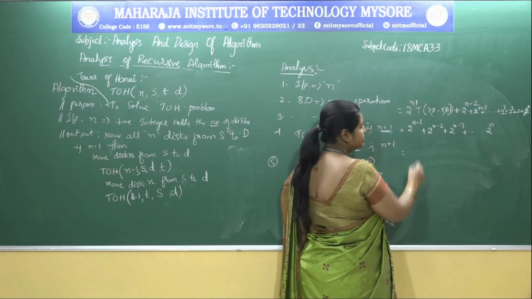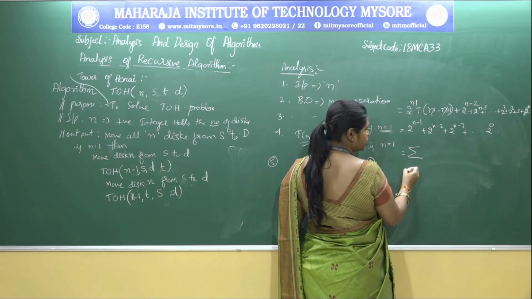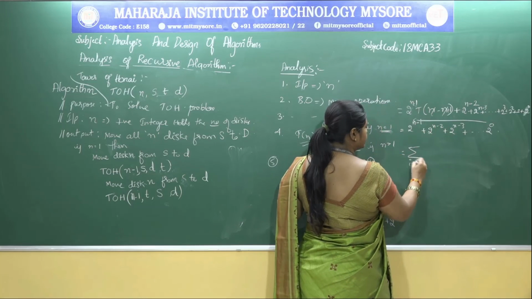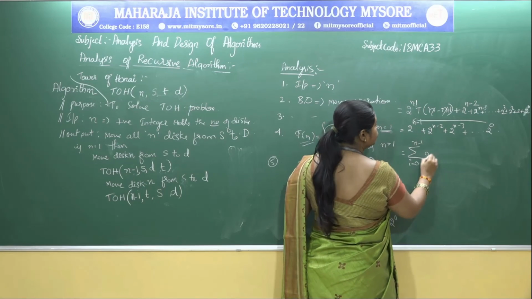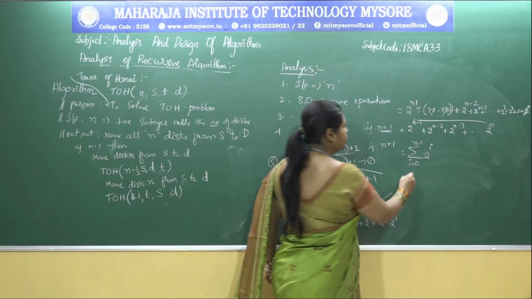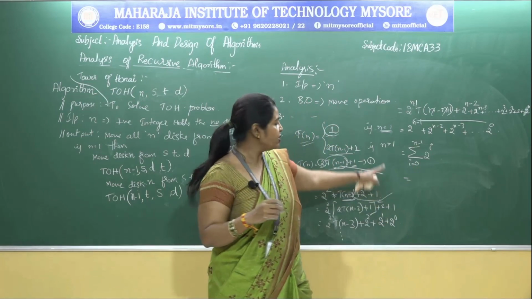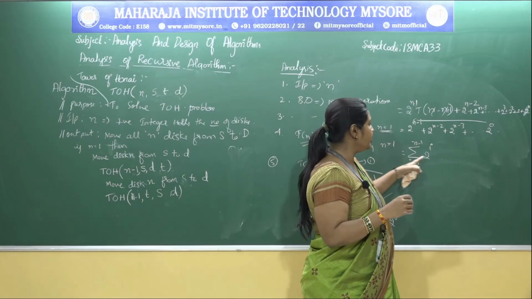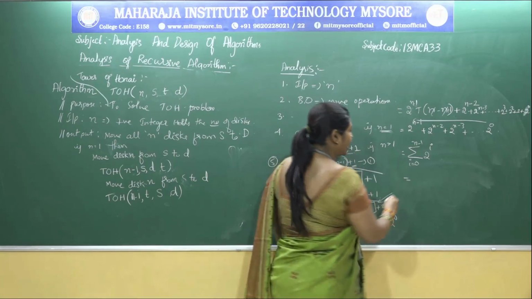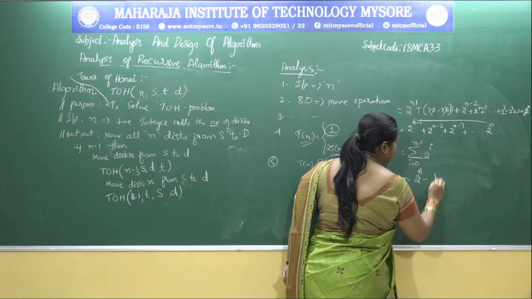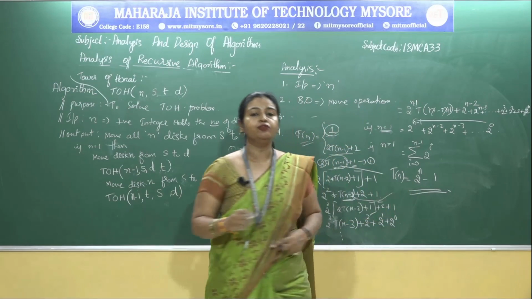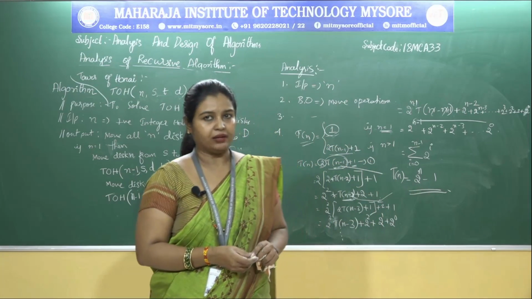This can be written in summation form: from i equal to 0 to n minus 1, 2 to the power of i. Okay. This can be solved using the formula for summation i equal to 0 to n, 2 to the power of i. By using that equation, you get the value 2 to the power of n minus 1. This is how we can calculate the value of 2 to the power of n minus 1.